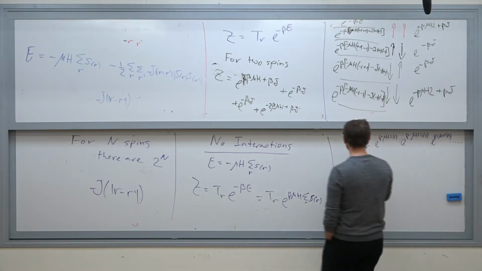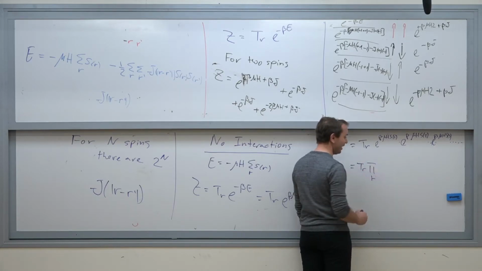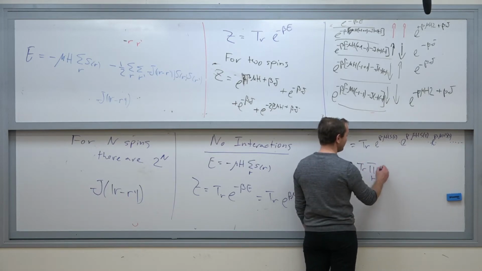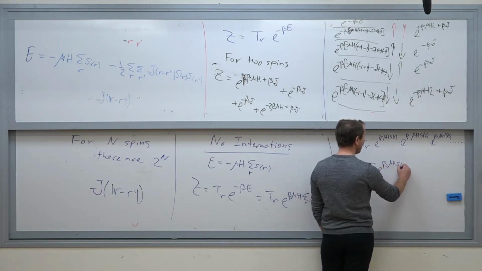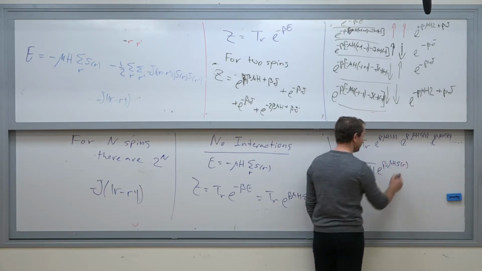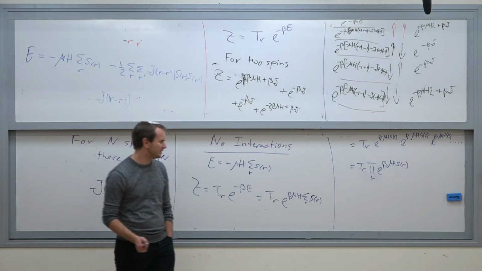Now I write it down as a trace of multiplication over r of e to the beta mu h s of r, because it's just a simple multiplication.